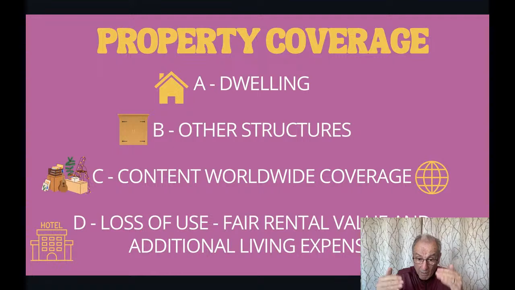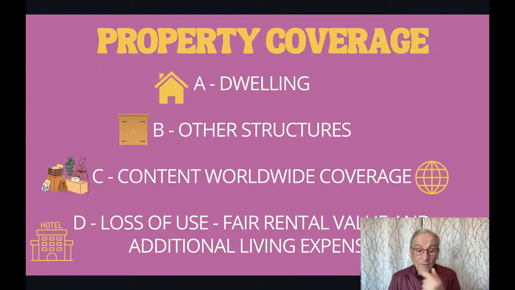So let me just remind you what these things do. Fair rental value will pay me the rent that my tenants were paying me. Not usually that much of a value in a homeowner's policy. Some people rent out rooms in their house. Most people don't. So who cares about fair rental value? It's much more important to the landlord on the dwelling policy.